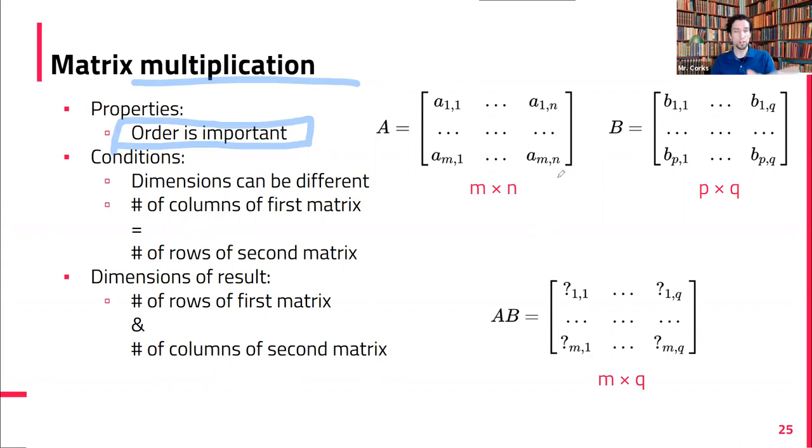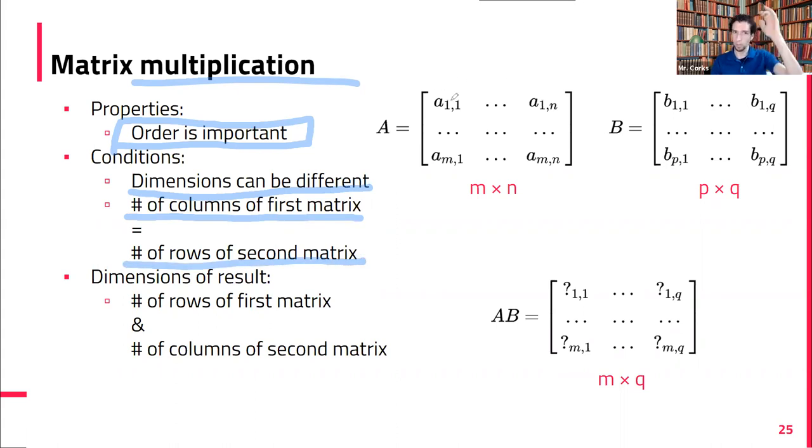So what are the conditions? Formally, if we state this, the dimensions can be different. It's okay if your two matrices have different sizes, but the number of columns of the first matrix must equal the number of rows of the second matrix.